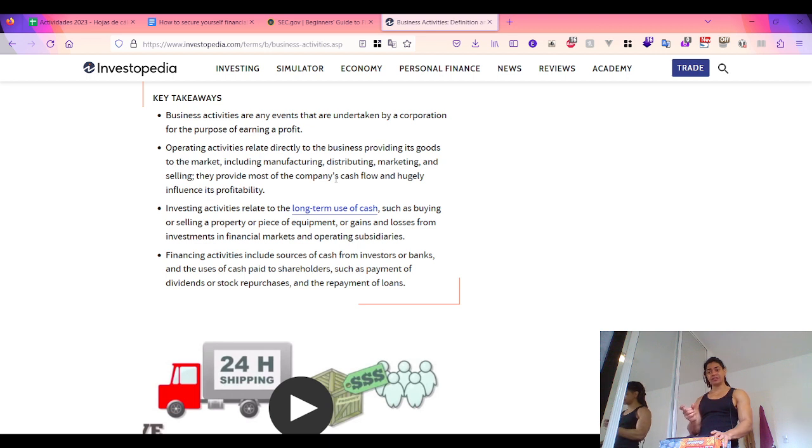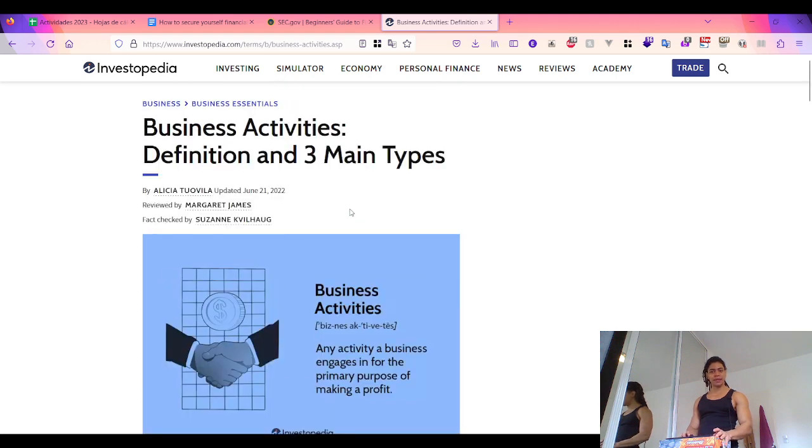Investing is the amount of money that a company shares or invests in others, and financing is the amount of money that a company receives from others. Okay, and this is one of the main types of business activity according to Investopedia.